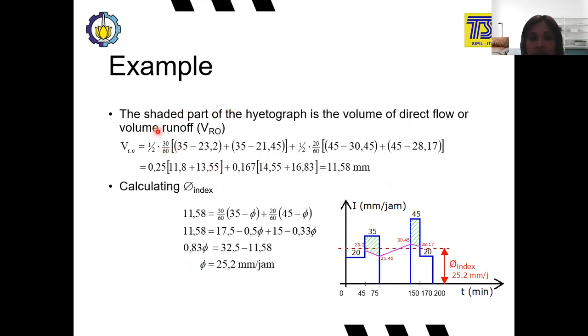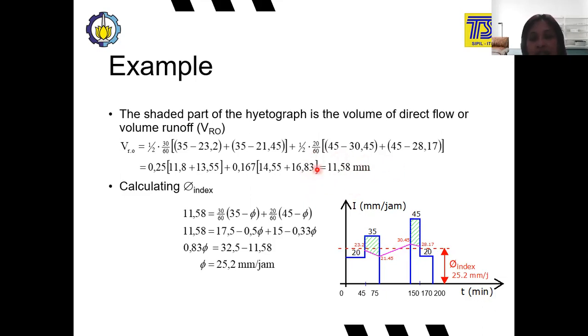By calculating the area, we got the volume of direct flow or volume runoff is equal to 11.58 millimeters. So the height is 11.58 millimeters.